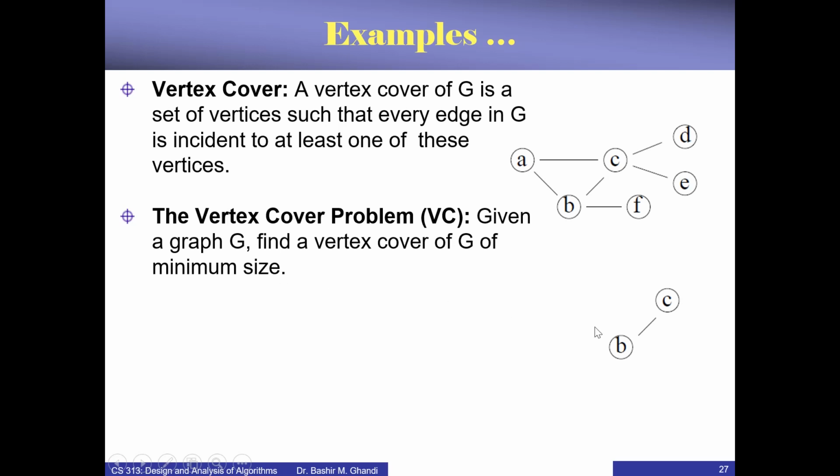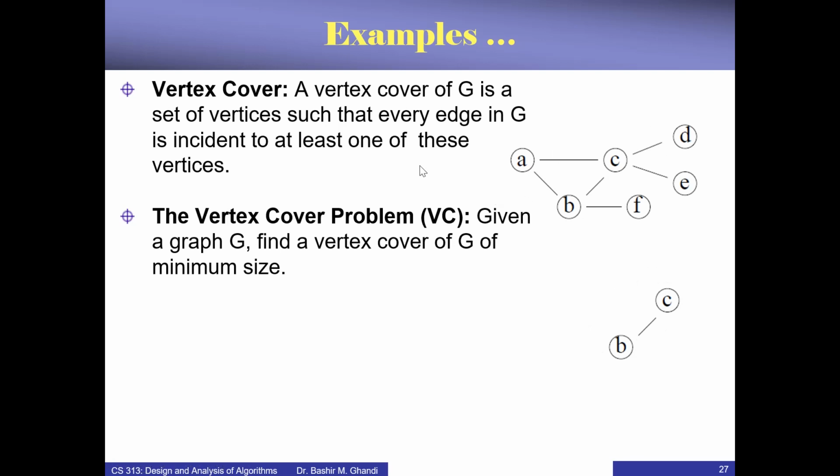Of course, if you add any vertex to these two vertices, it is still a cover. But we want a cover with the minimum number of vertices. So what we have here is the minimum number of vertices that will form a cover for this graph.